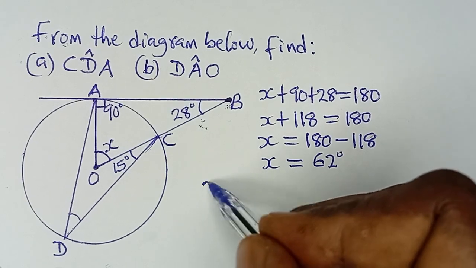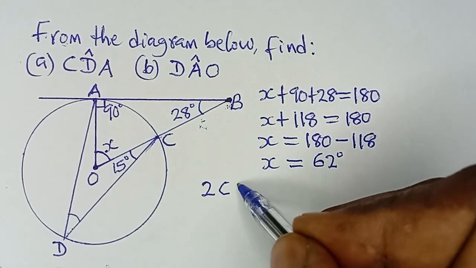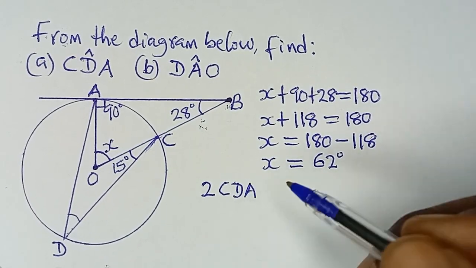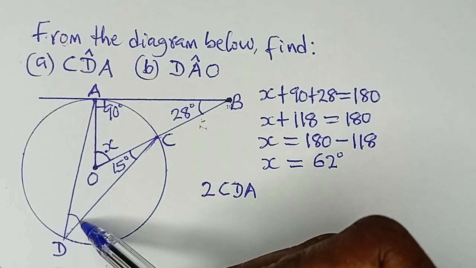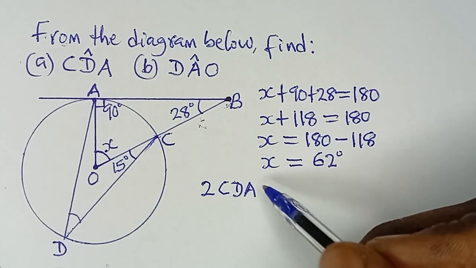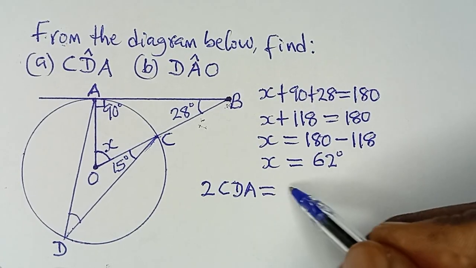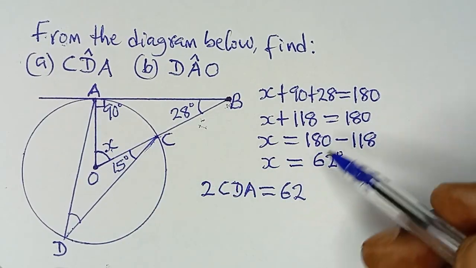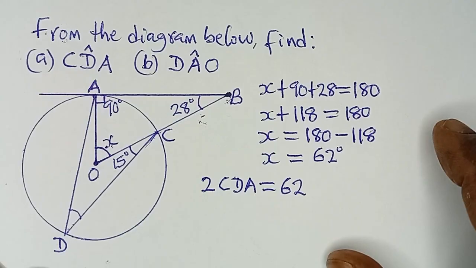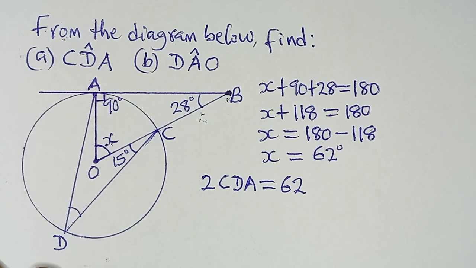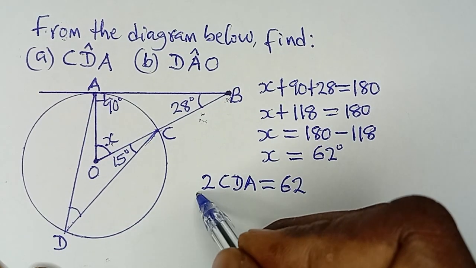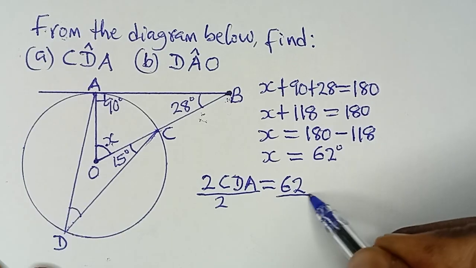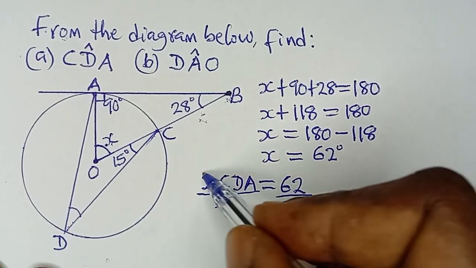So 2 times CDA, that is twice the angle at the circumference, is equal to the angle at the center, which is 62. That is X is 62. So for us to get the angle at the circumference, we simply divide both sides by 2. These 2 cancel 2.